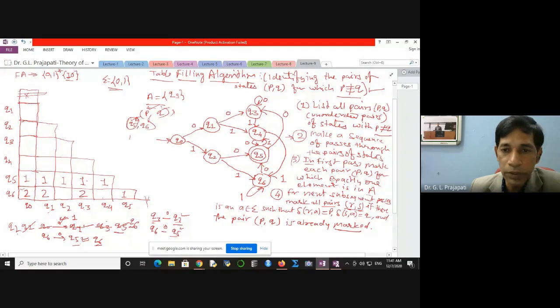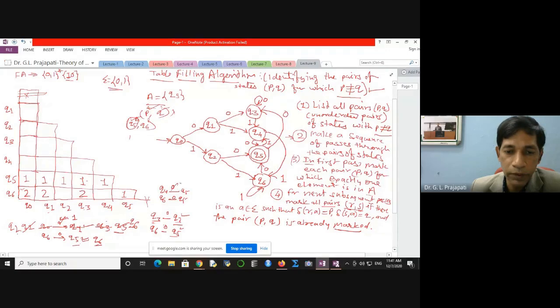Now Q4, Q6, you can consider whether you can mark Q4 and Q6 or not. So see, if you have the Q4 and you have the Q6, from Q4 if you are taking 0, it goes to the Q5. From Q6 if you take 0, it is also going to the Q5. And Q5 is not such a pair.